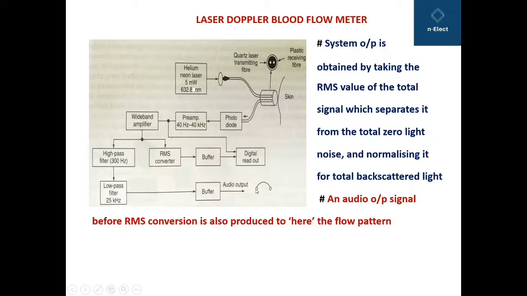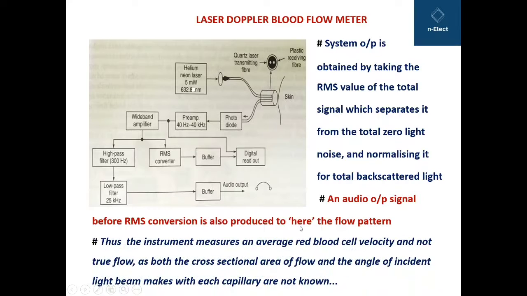An audio output signal before RMS, from the wideband amplifier itself, is passed through a high pass filter maintained at around 300 Hz and a low pass filter of 25 kHz. So frequencies from 300 Hz to 25 kHz are passed on to the buffer, and the sound can be heard through this headphone. Thus an audio output signal before RMS conversion is also produced to hear the flow pattern.